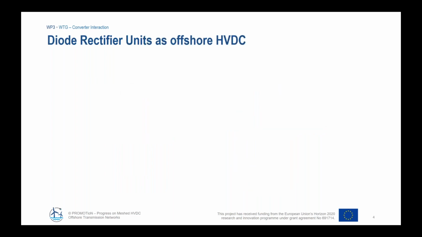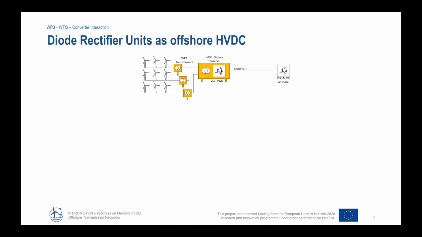And as already said, the main focus of the work package was on the diode rectifier as offshore HVDC unit. As you might also know, the typical way of building offshore wind connected to shore via HVDC transmission today is by having voltage source converters, typically an MMC converter offshore, and then the connection to the shore.